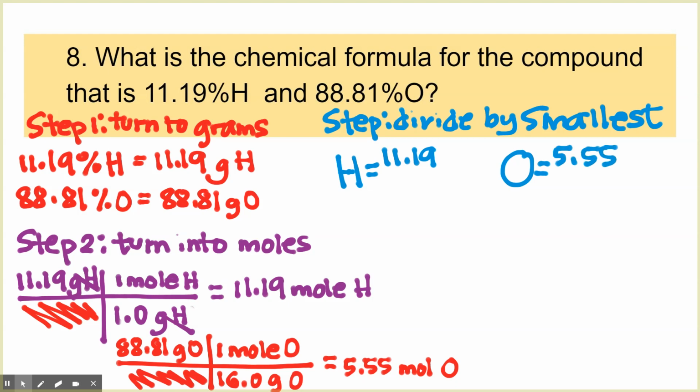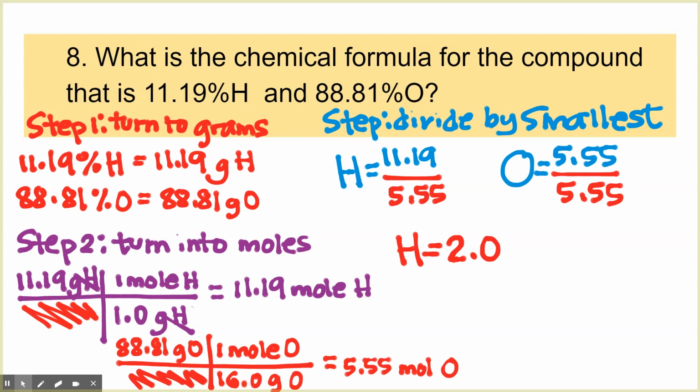We need to divide these two numbers by the smallest answer that we got. Which one is the smaller one? Obviously, it's 5.55. So H is 11.19 divided by 5.55, which gives me 2.01, so let's just round it off to 2. And O, 5.55 divided by 5.55 is simply 1.